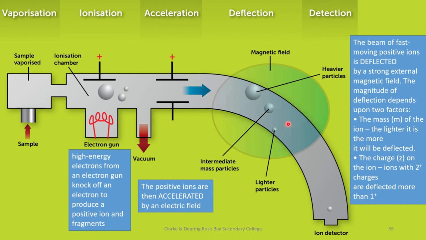That's then deflected, so it goes through a circular motion path you can see here under the magnetic field, and then we can detect, based on the concentrations, the mass and charge of the ions, put them into separate components in terms of their mass and charge, and compare their relative abundance. What you can also see here is the lighter the mass, the more deflection we'll see, and similar ideas for the charge. The more charge, the greater the deflection we'll see here.